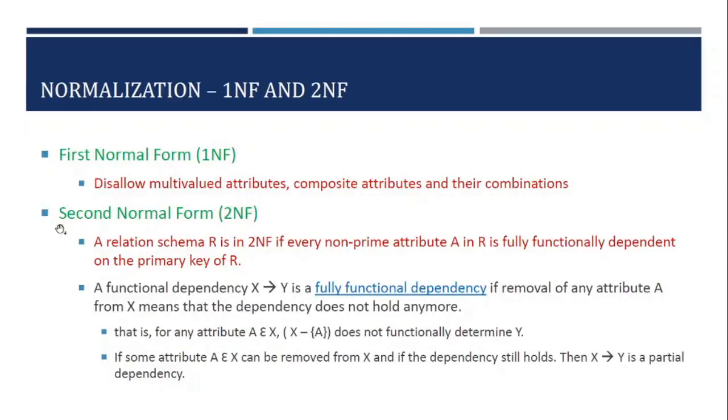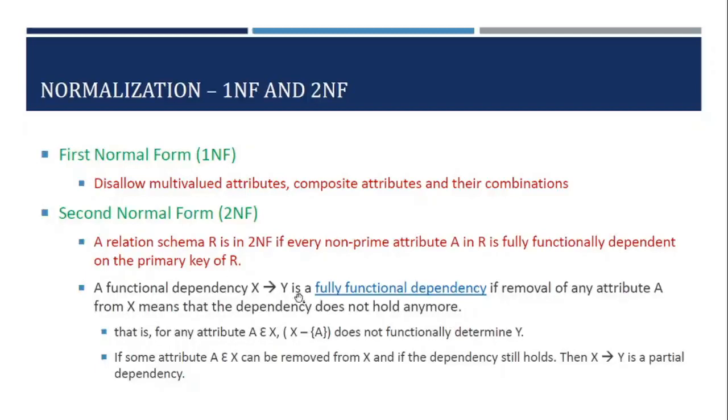So let us consider the second normal form. Now to check whether a relation is in second normal form, it should satisfy first normal form, and also this additional constraint should be satisfied. The additional constraint states that every non-prime attribute should be fully functionally dependent on the primary key.